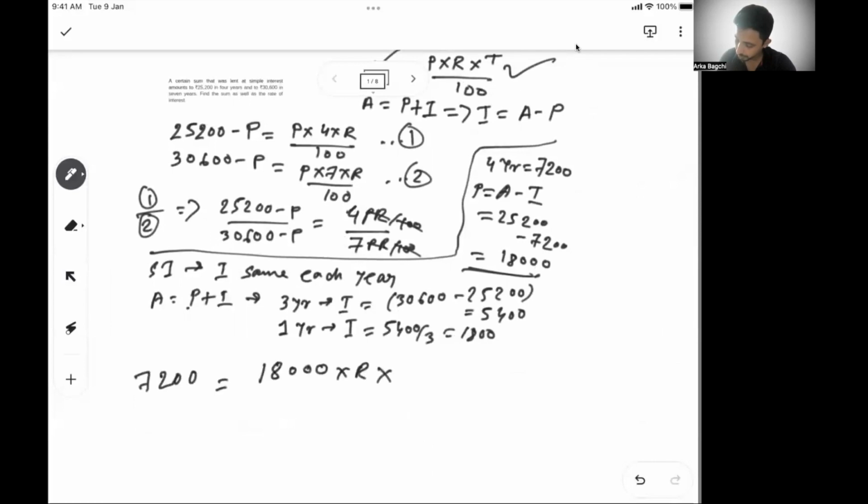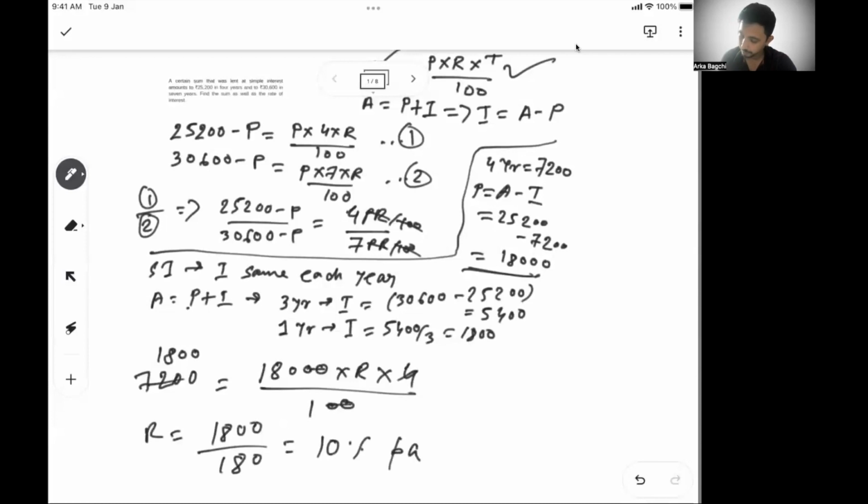Don't know R, you know T is 4, you know this is 100, so the 100 gets cancelled. 4 into 18,000 is 1,800 into... so R is 1,800 by 180, 10% per annum, right? So you can do this also. So you know R and you know P. So this is your answer.